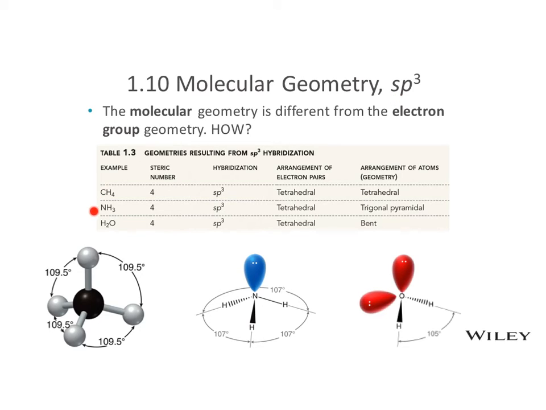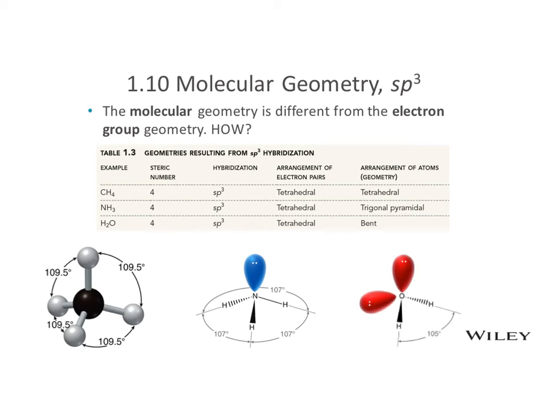Be it methane, ammonia, or water, the central atom, oxygen, nitrogen, and carbon, in these 3 cases, are all going to be consisting of sp3 hybrids. Now this chart is showing you a number called the steric number. This is the same idea as occupied areas, the terminology you would have heard in previous chemistry classes.